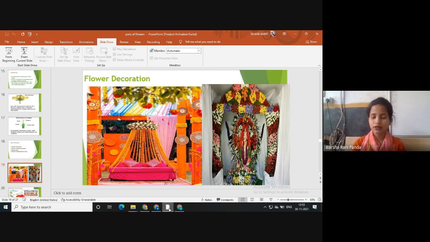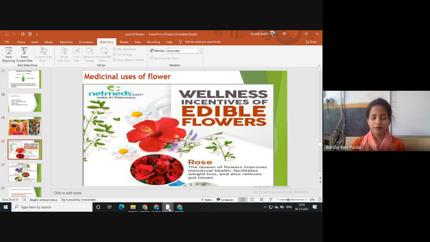As you can see, different types of flowers are used for decoration during festivals, occasions and celebrations, and flowers also have a very good medicinal value. Just like rose से rose water बनता है, and we use rose water for our skin diseases, to make our skin glowing, and it is also used for giving essence to the food.